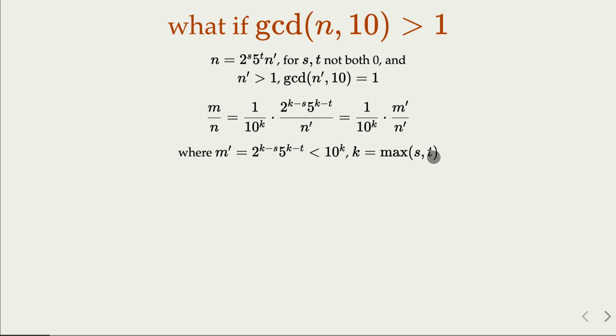K is the max of s and t. So the new numerator here could be bigger than m prime, just like our previous example, right? 25 is indeed bigger than 13. That means this fraction is pure recurring, but it may contain an integer part.